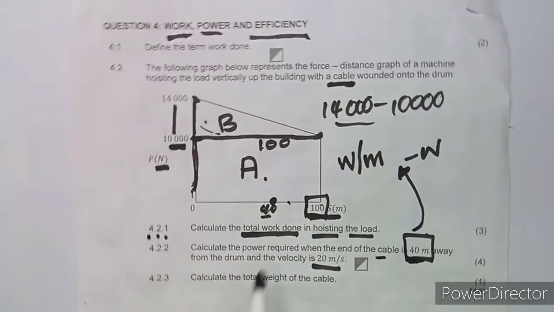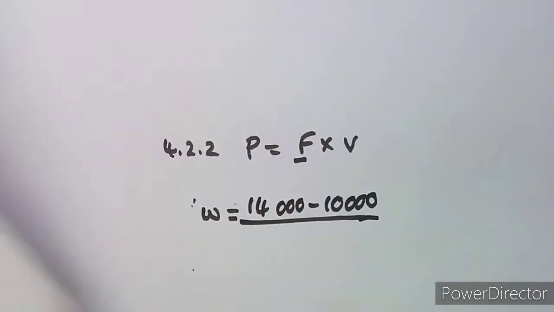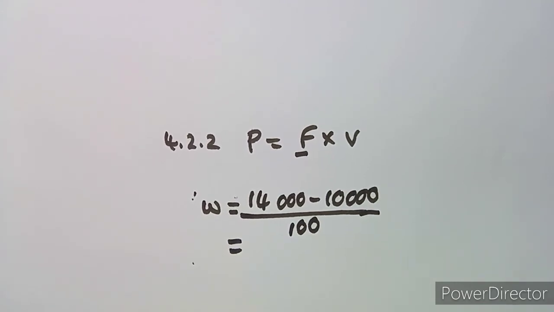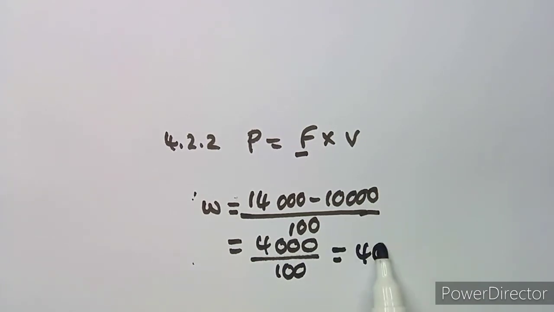Before we had a distance of 100, so this is divided by 100. If you divide properly, it's 4,000 over 100, and you're going to have 40 Newton per meter.